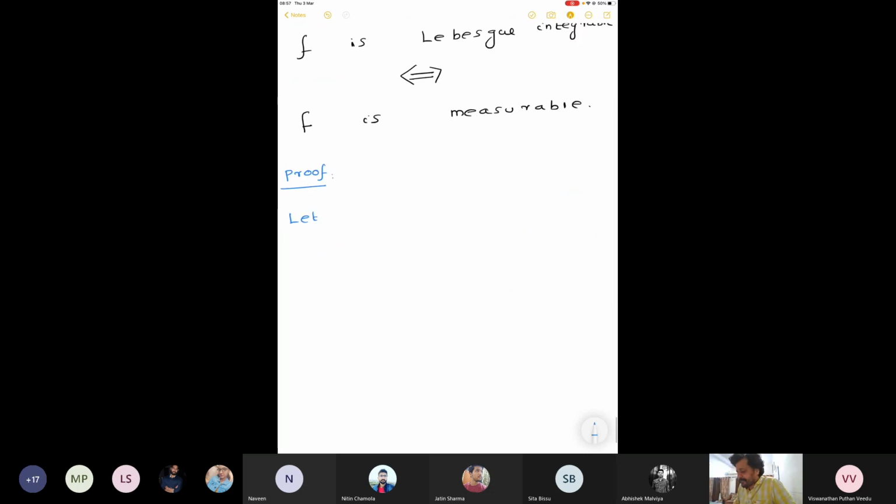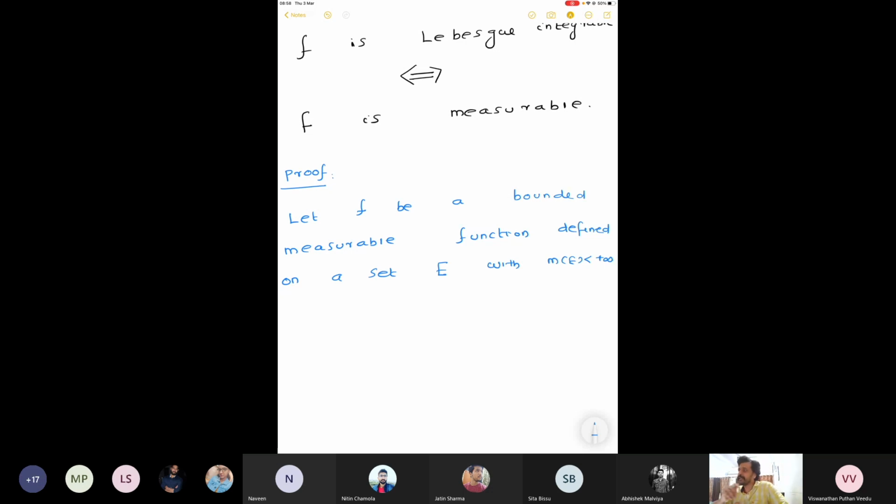Let f be a bounded measurable function, so I am assuming measurability, defined on a set E with measure of E finite. We have to prove that f is Lebesgue integrable.